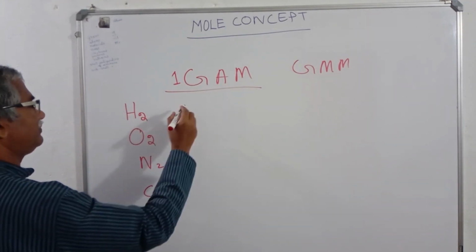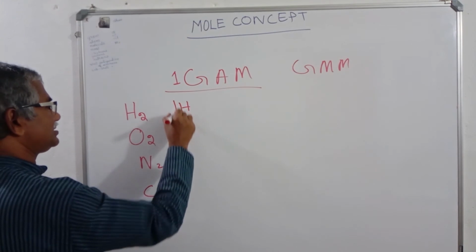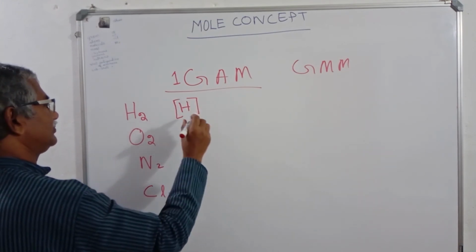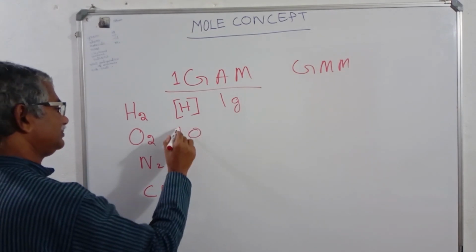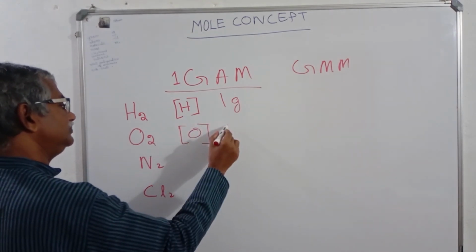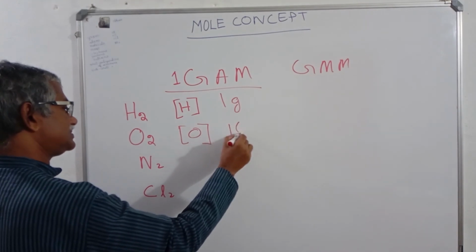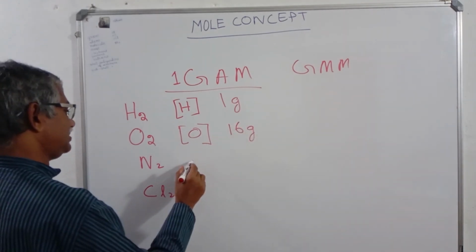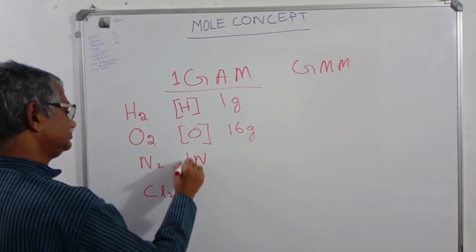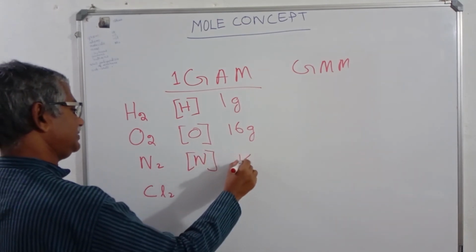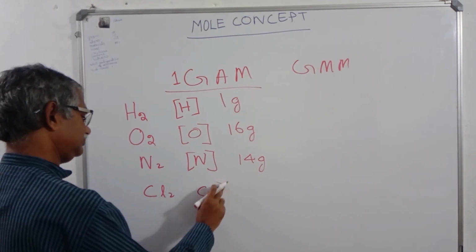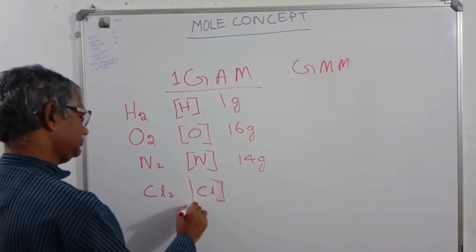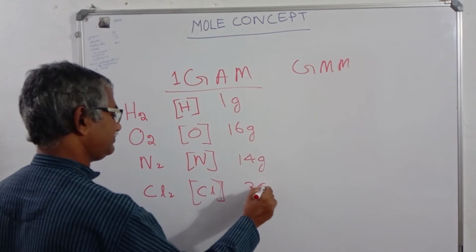Atomic mass of single hydrogen atom is simply 1 gram. Oxygen simply 16 gram. Nitrogen 14 gram. Chlorine 35.5 gram.